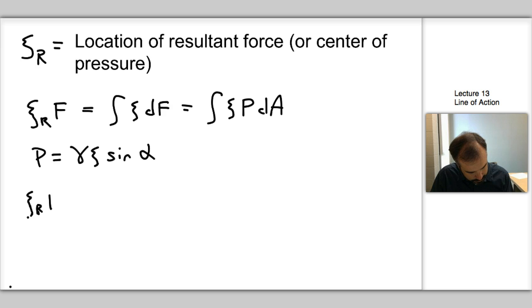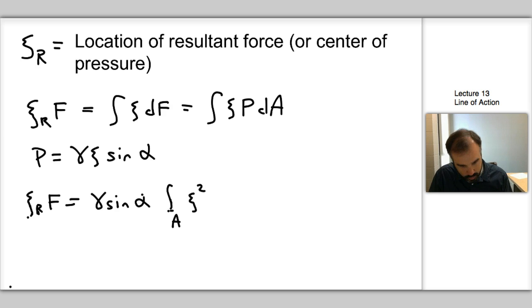So we can plug that into our equation and we get psi r F is equal to gamma sine alpha times the integral over the area of psi squared dA.